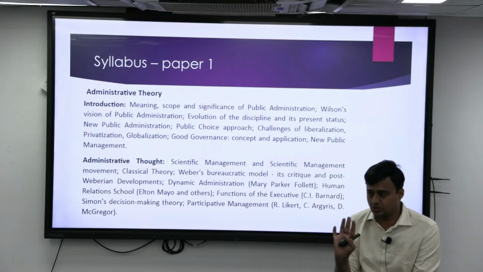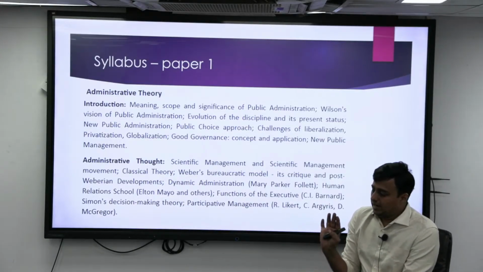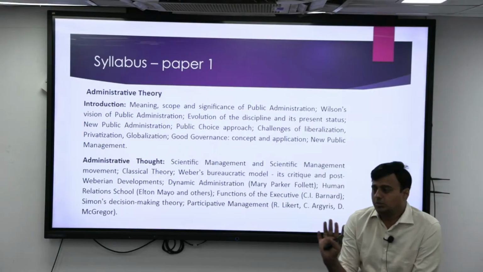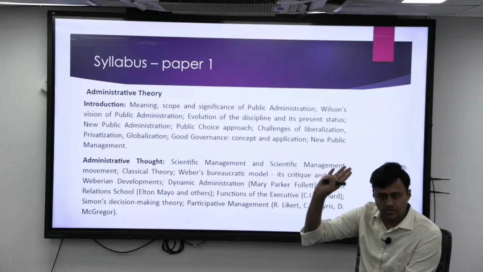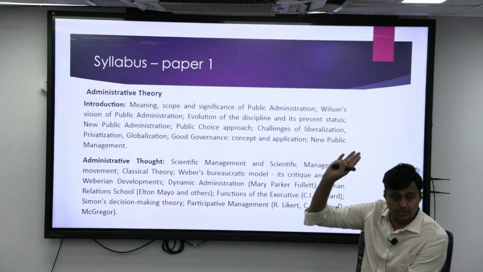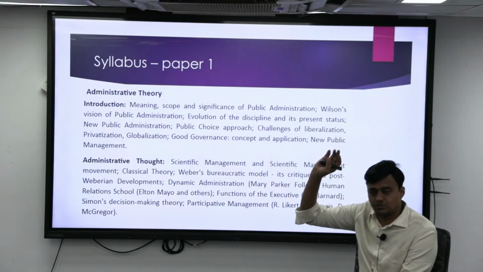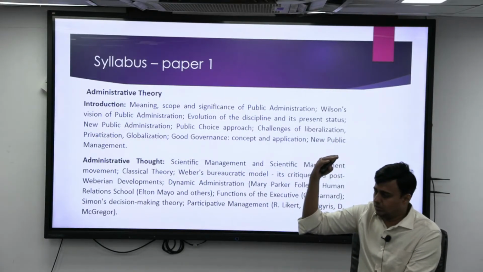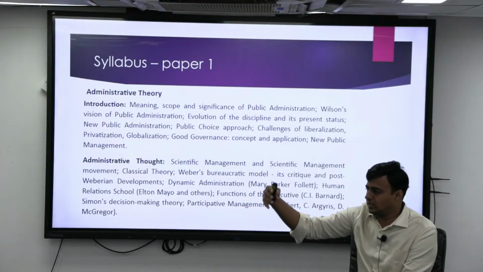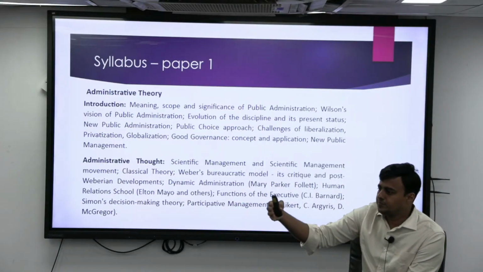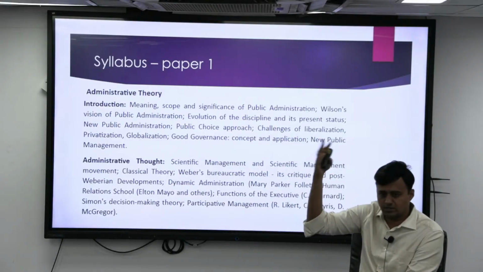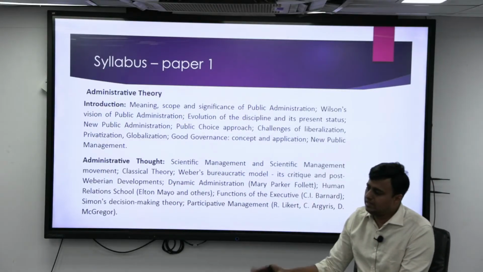For example, just to give you an idea, administration as a practice has always evolved. What do you mean by that? You take your ancient and medieval history, they will tell you about Mahajanapada, Ashoka, Chandragupta Maurya, so many people. Or you take Guptas, Mauryas, or in Karnataka the Vijayanagara Empire, Chalukya, Kadamba, Rashtrakuta, anybody.